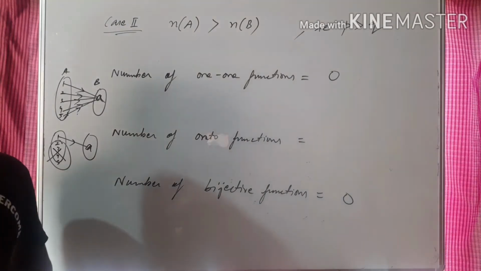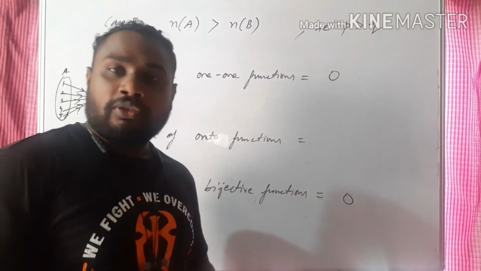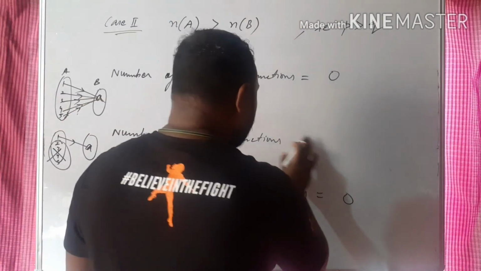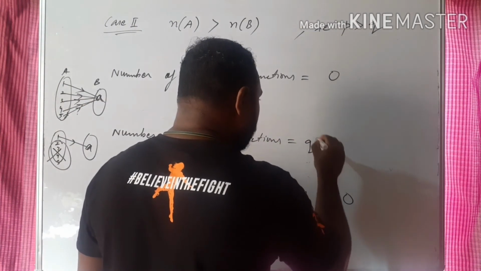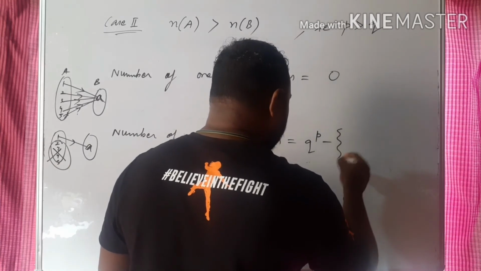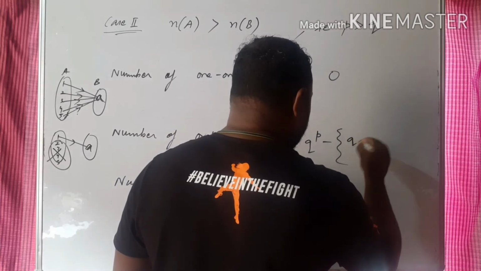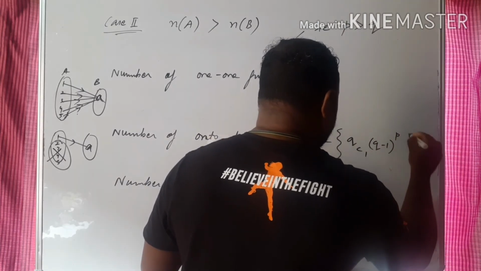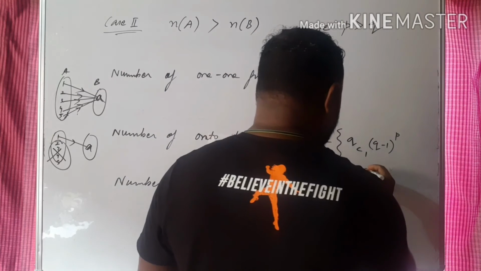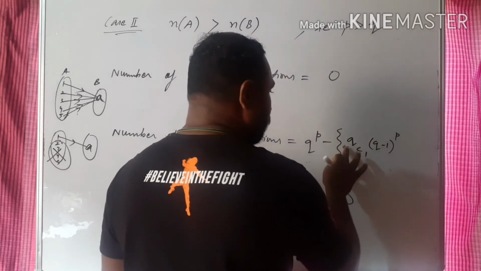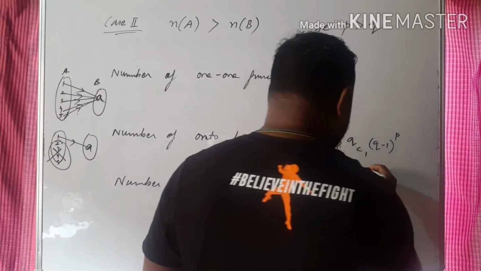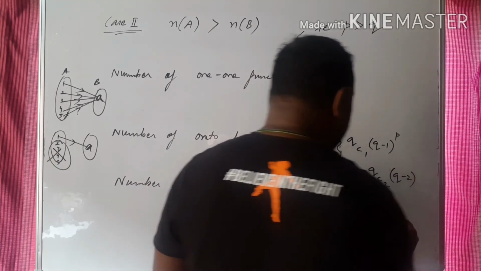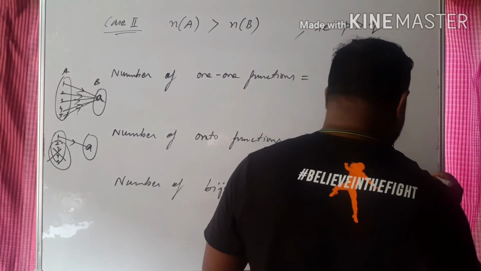Okay, is it clear? And the total number of onto functions can be found out by using the formula. So we have the total number of functions, how much? Q to the power p, isn't it? Minus, what you'll have to do? QC1 (Q minus 1) to the power p, like that you'll have to write it. After that, here it is plus, so the next term you will write minus QC2 (Q minus 2) to the power p.